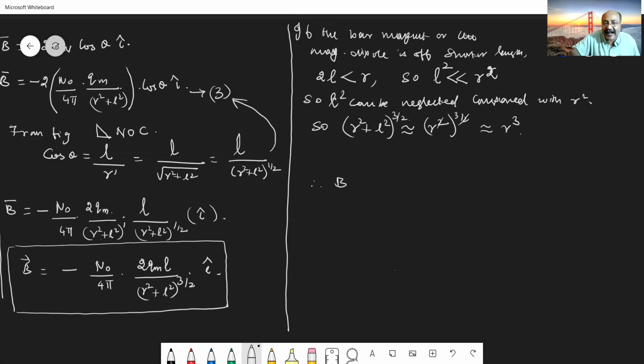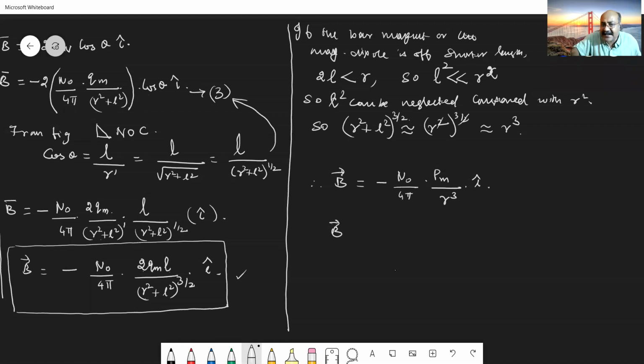Therefore, what is the value of B vector? You can simplify this equation as minus of mu 0 divided by 4 pi into this 2QM into L, which can be written as magnetic dipole moment PM, divided by (R square plus L square) to the power of 3 by 2. After applying the approximation, it is R cube into I cap.